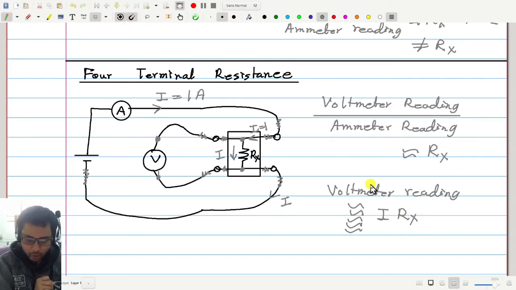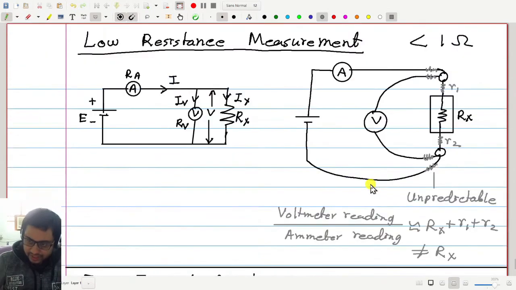Okay, so Sir, why can we not make similar arguments in the previous circuit? Yes, that's a good question. Now let us come here. Okay, acha. In the previous circuit, the voltmeter reading is basically the potential between these 2 points actually, but I can say, oh, that is very much the same as the voltage between this point and this point, because this drop and this drop are much smaller than the drop in the voltmeter.